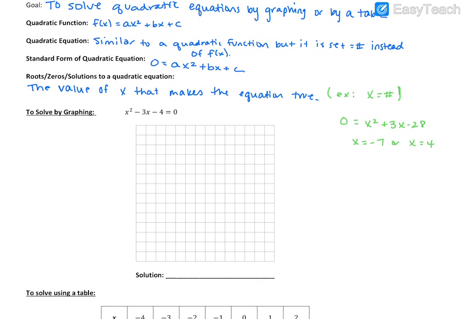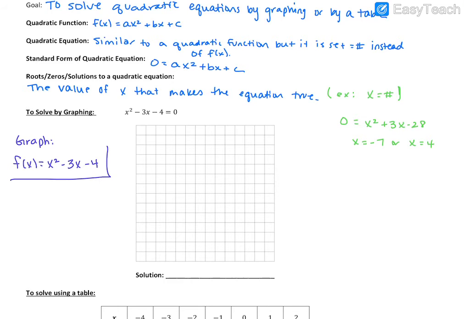So we are going to solve by graphing. In order to do this, we're just going to pretend that this is actually a function. So we are instead going to graph f of x equals x squared minus 3x minus 4.